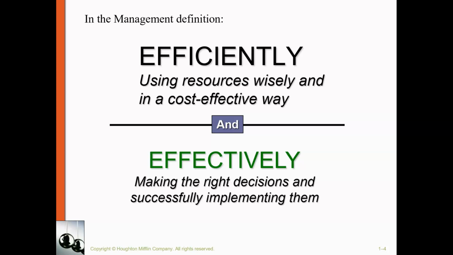I can be very effective and make a decision to have a product that everybody wants, but if I'm not efficient and I'm using too many labor hours to make this product or wasting too many materials, right, then I'm not efficient. So the ideal situation is to be both efficient and effective.